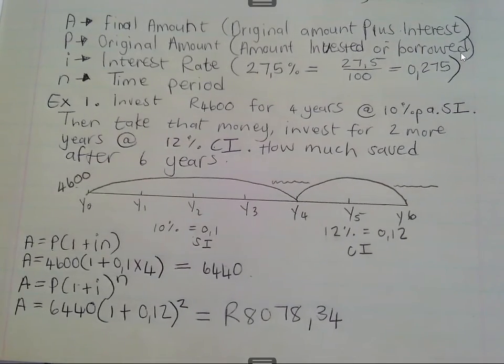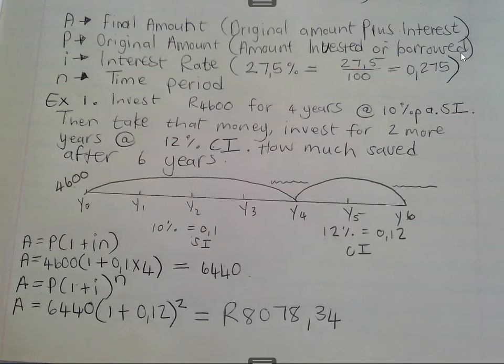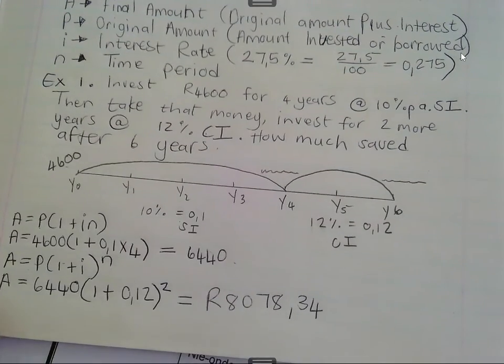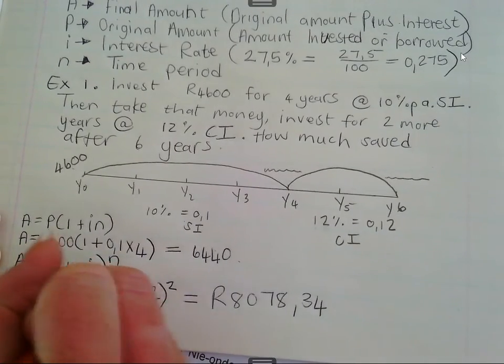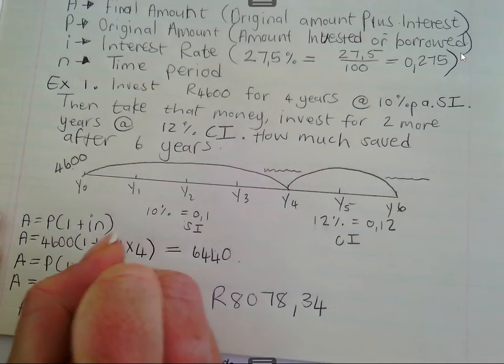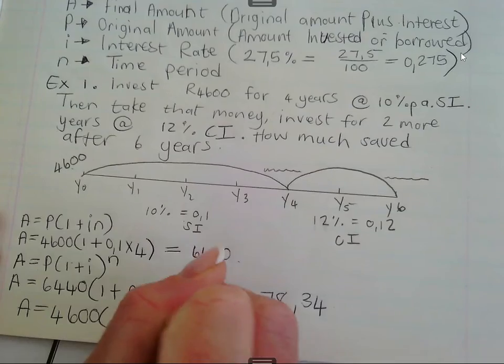Any questions? Now there's also a way that we can do the whole calculation in one step, in one sum. And I want to show you that because of the final questions that we're going to get to. Then we're going to do it in one step. Now, when I write down this first part, A equal to 4,600, 1 plus 0,1 times 4.